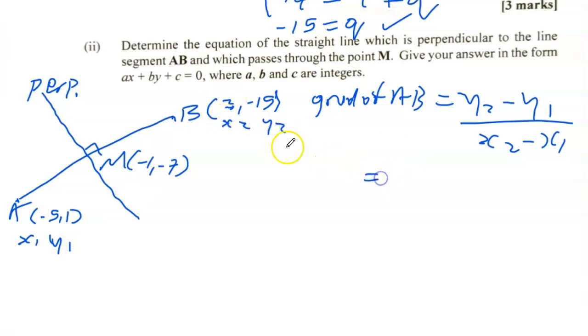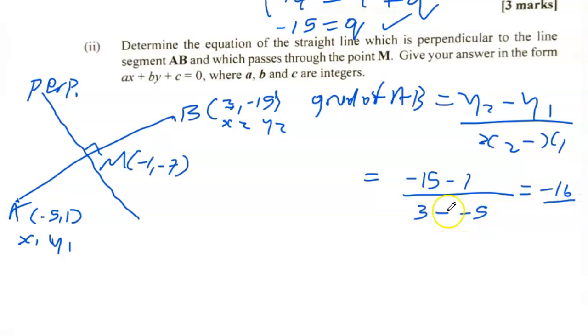So the gradient of AB would be y2 minus y1, so minus 15 minus 1, over 3 minus 5. So this will end up with minus 16 over 3 plus 5, that's 8. That's minus 2, or I could say minus 2 over 1.